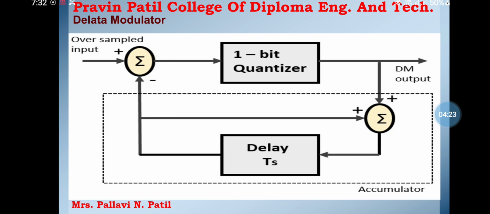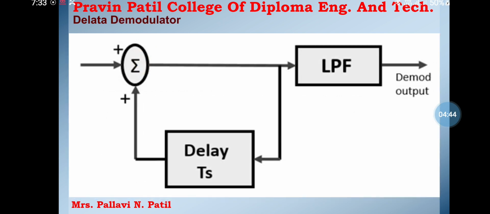The step size error that may occur at the transmitter is called noise, which is eliminated here. If there is no noise present, then the modulator output equals the demodulator input. This is the delta modulator, and this is the delta demodulator.